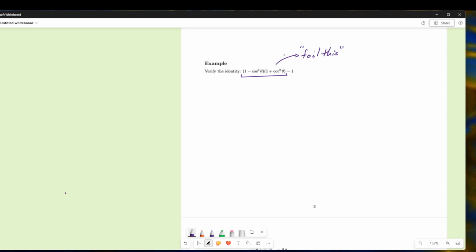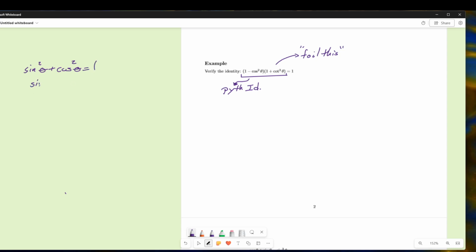However, as soon as we start seeing squared trigonometric functions, it's good to remind ourselves of our Pythagorean identities. You may remember that we have one that says the sine squared of theta plus the cosine squared of theta equals 1.